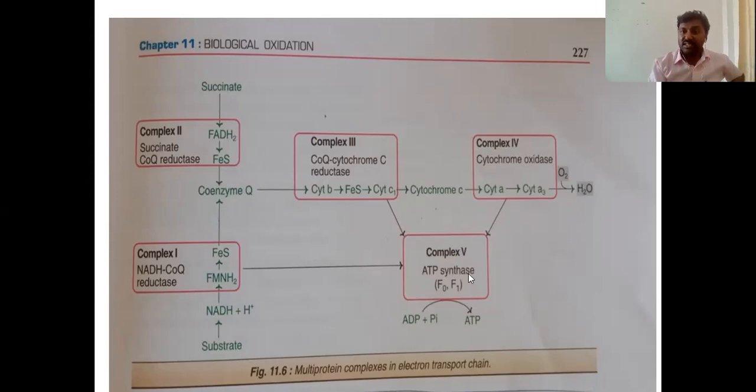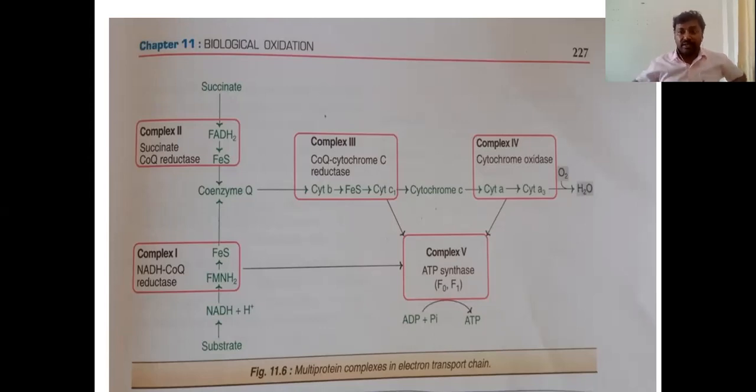The H plus ions are utilized by complex 5, which synthesizes ATP from ADP plus phosphate in the F1 and F0 particles.